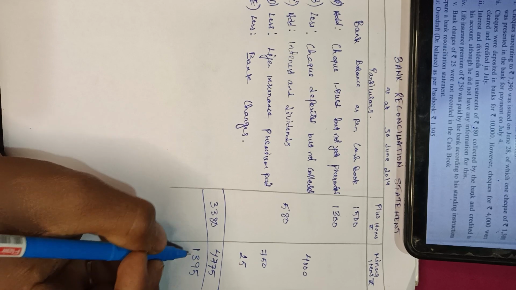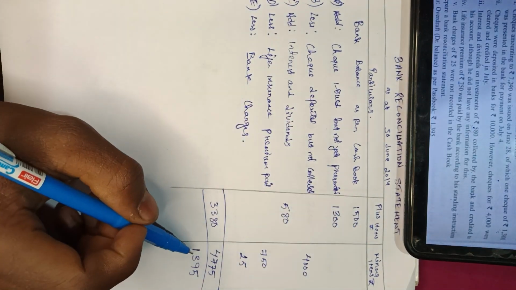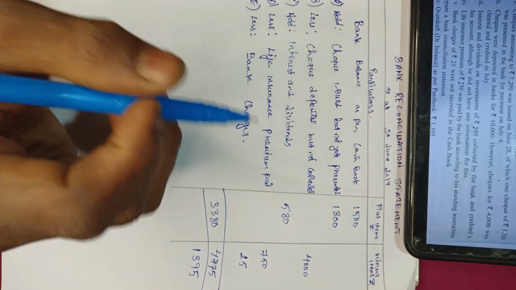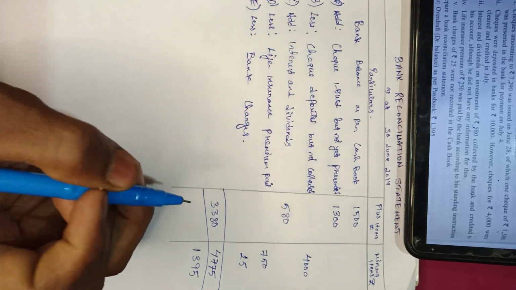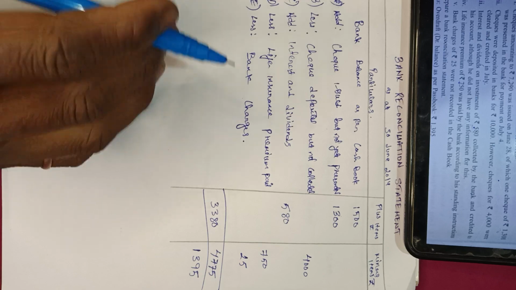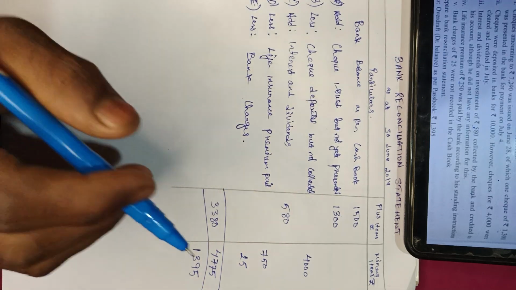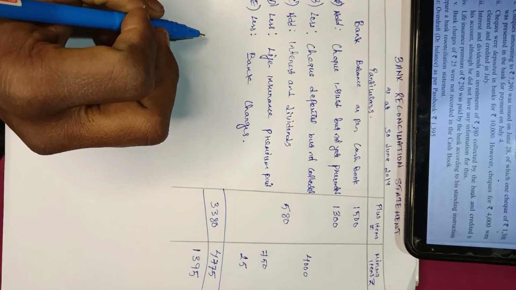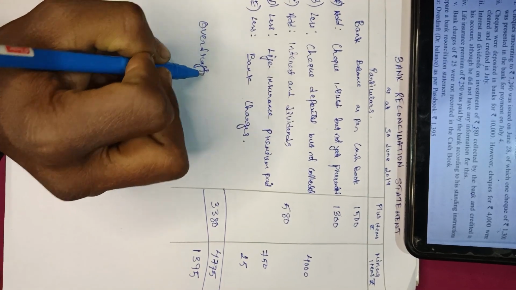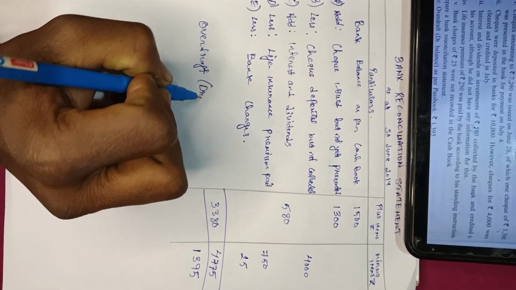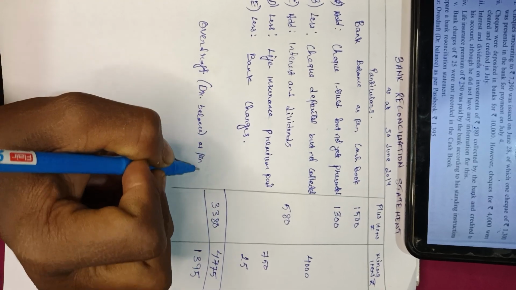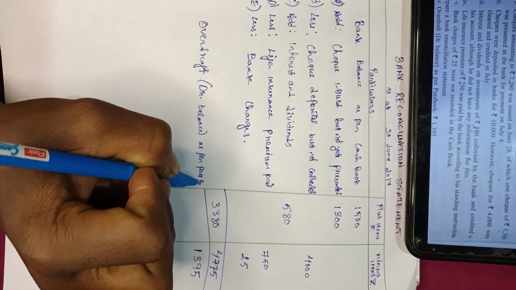Since it is in the minus column, it is the overdraft in the passbook. Overdraft means debit balance, an amount used over and above the balance in the bank account. So we will write here: overdraft or debit balance as per passbook.